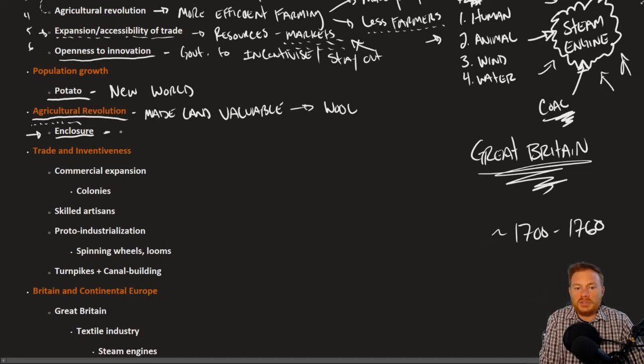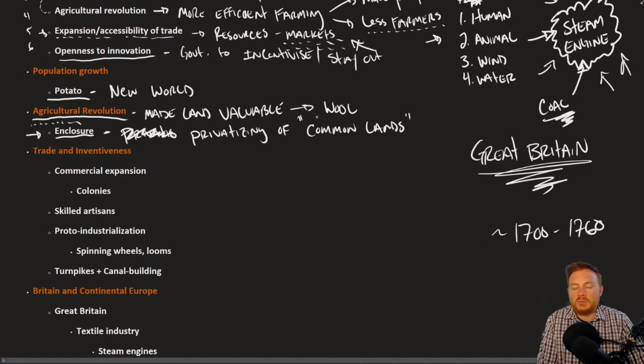And enclosure was what we might call the privatizing of common lands, right? So during the medieval period, there wasn't really a strong emphasis on land ownership. There were a lot of these common lands where people lived, where they grew their crops, et cetera.